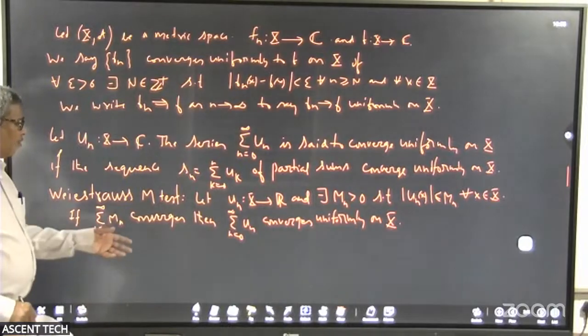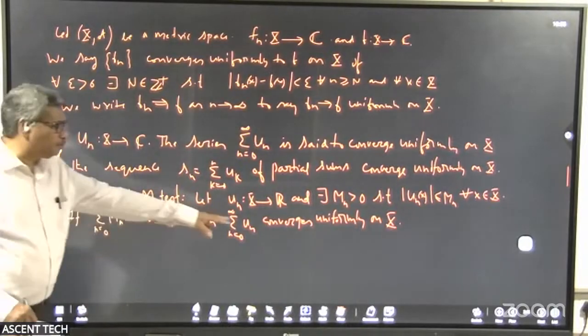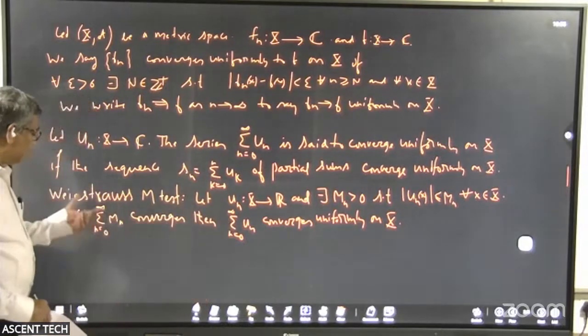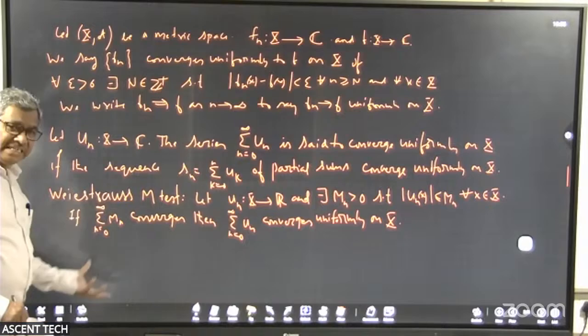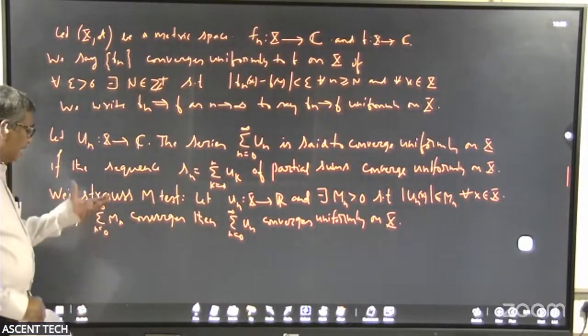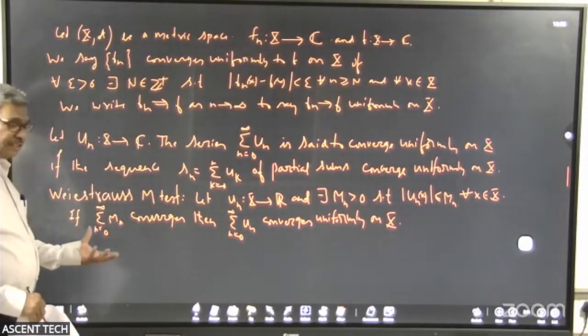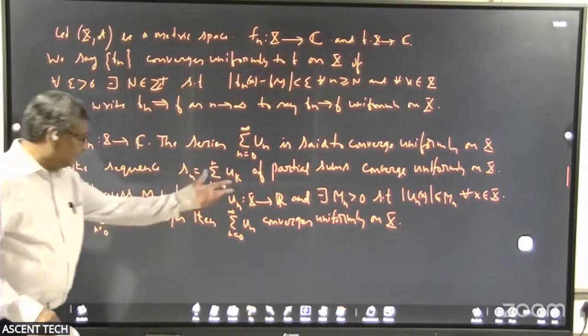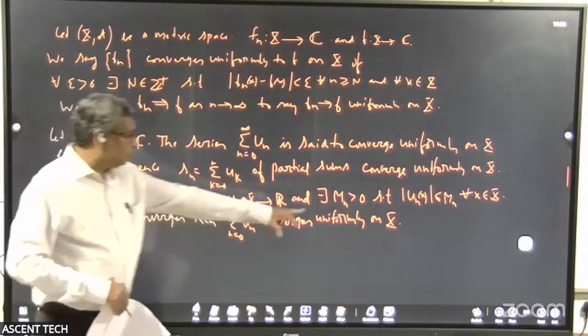So we have a dominating convergent series of real numbers, and then the sigma un has to converge uniformly on X.